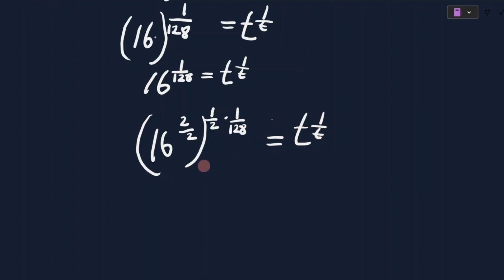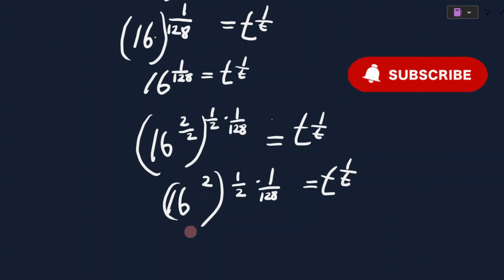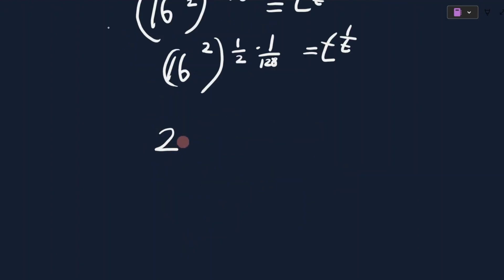Now, this can be written as 16 raised to power 2, which multiplies 1 over 2 multiply 1 over 128, which is equal to t raised to power 1 over t. Now, 16 raised to power 2, that is 16 multiplies 16, will give us 256, which is in brackets. Now, we multiply the exponent out.